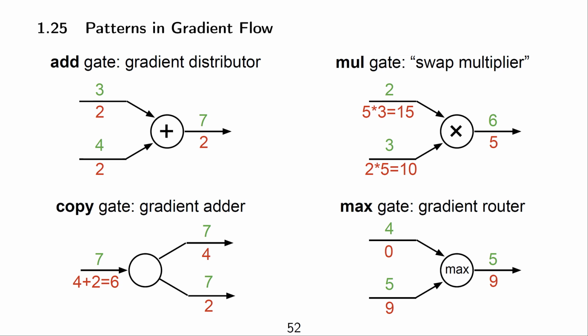In this slide, we just look at some patterns that emerge if we look at how the gradients flowed in our network. So if we had a computational node that was an add function, then we saw that the upstream gradient, in this case the 2, is simply replicated on all the input edges.